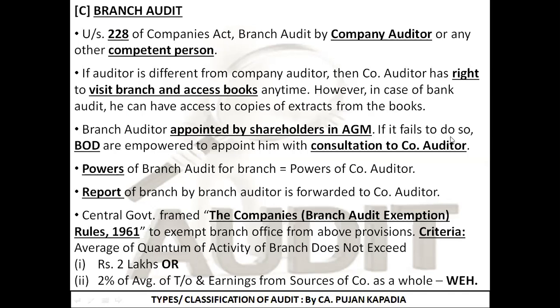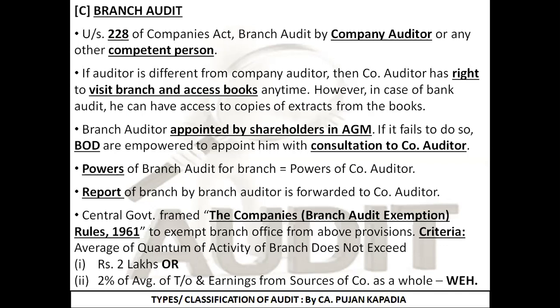If shareholders fail to appoint the branch auditor, then the board of directors is empowered to appoint the branch auditor in consultation with the company auditor. So primarily the right is with shareholders to appoint the branch auditor. But in case, due to any reason, shareholders cannot appoint the branch auditor in the annual general meeting, then this right passes to the board of directors.